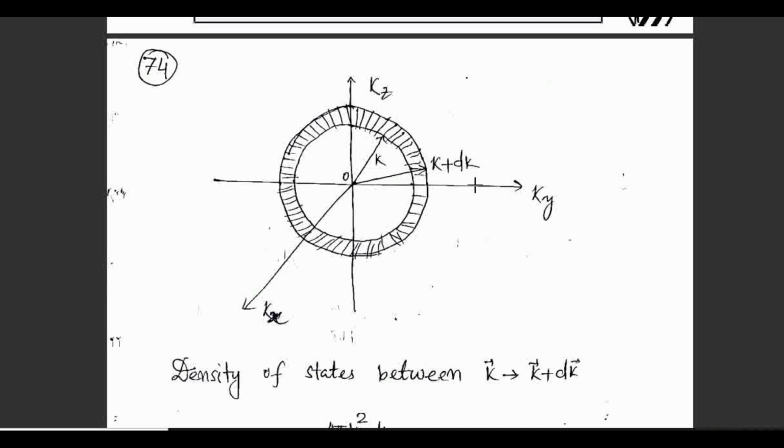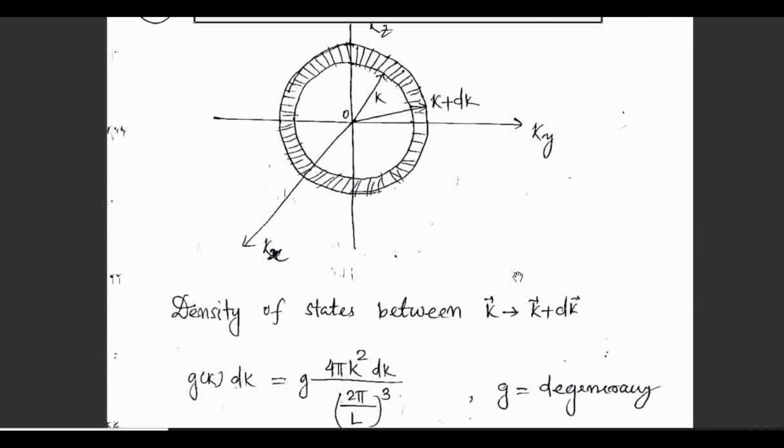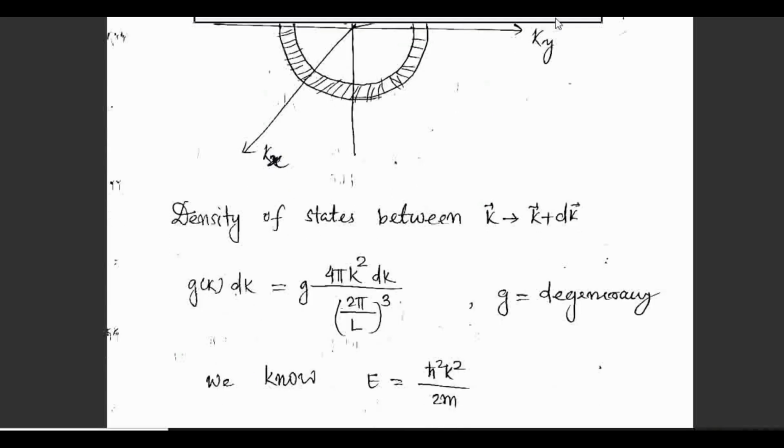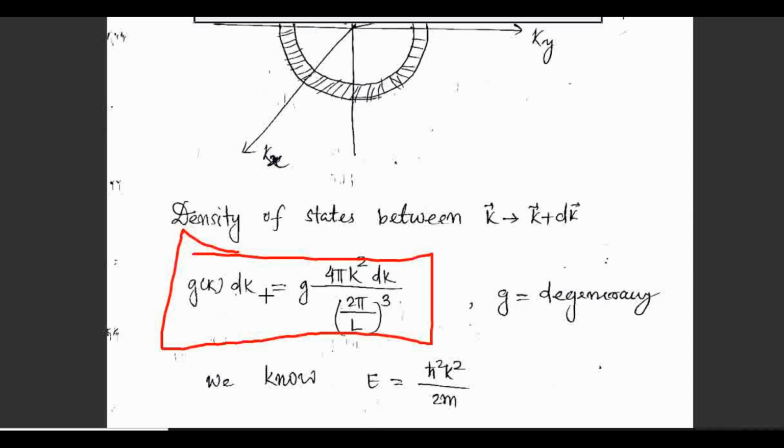Now what we have to find is the density of state lying in this region of thickness dk. How can you find this? This is the formula: g(k) dk is equal to g, where g is the degeneracy, times 4 pi k square dk divided by (2 pi by L) to the power 3.